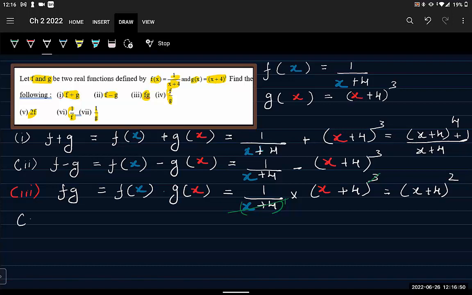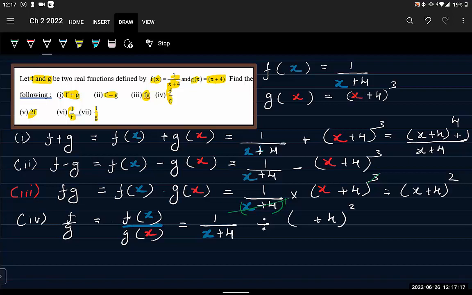The fourth sub question says we have to find the value of f by g. Again, by definition, this is nothing but f of x upon g of x. First write the value of f of x, which is 1 upon x plus 4, divided by the value of g of x, which is x plus 4 whole cube.